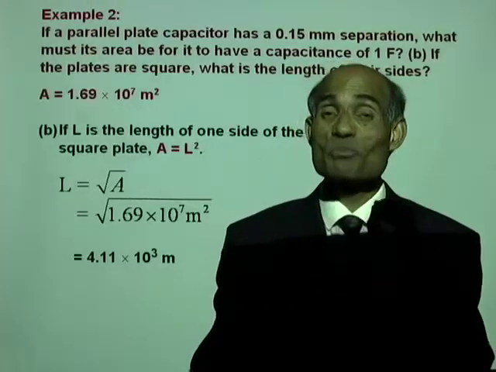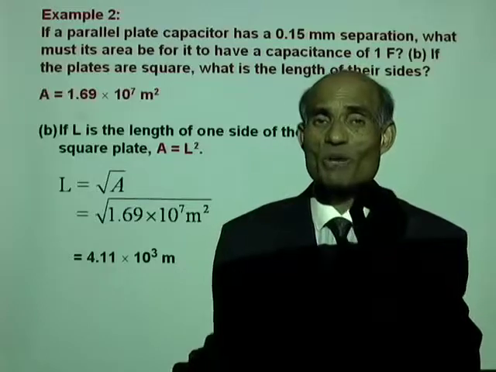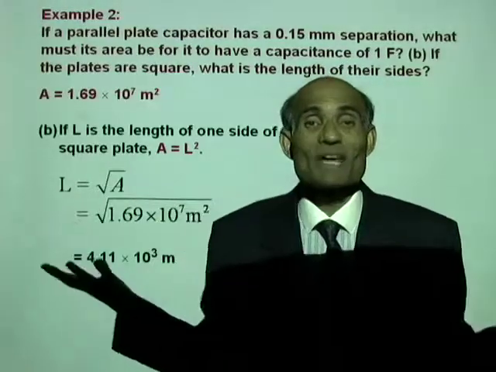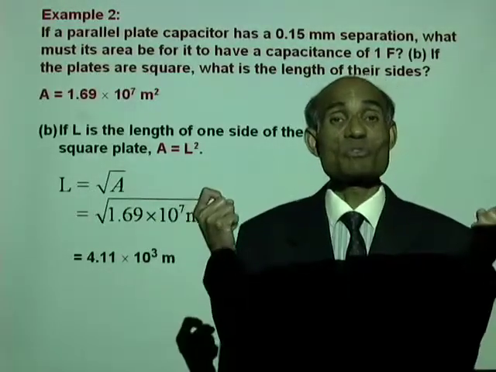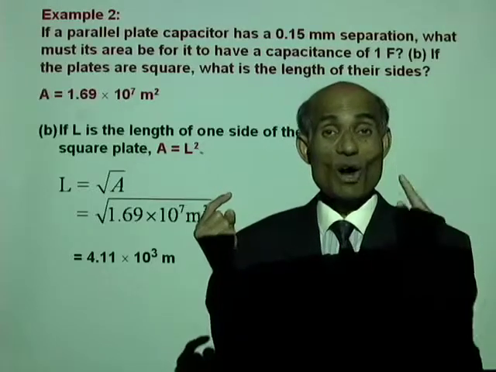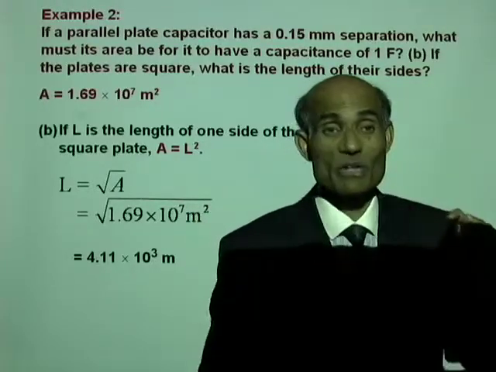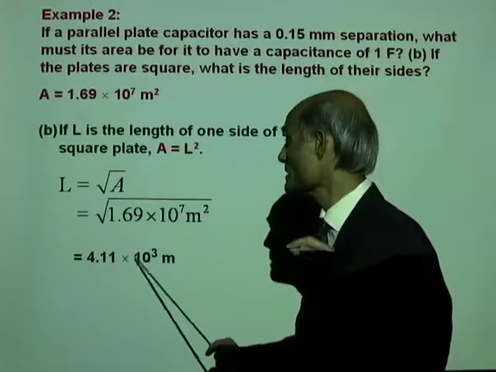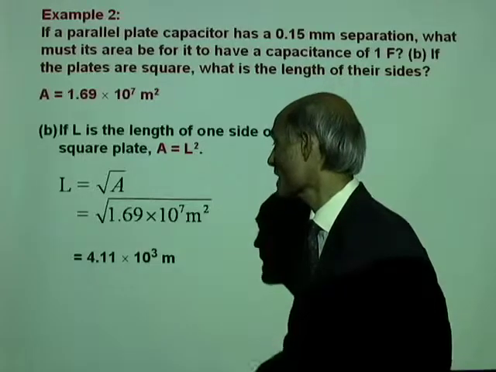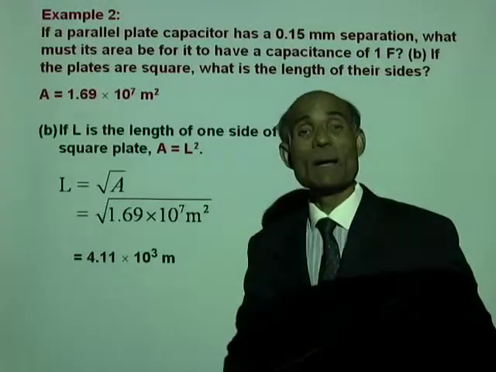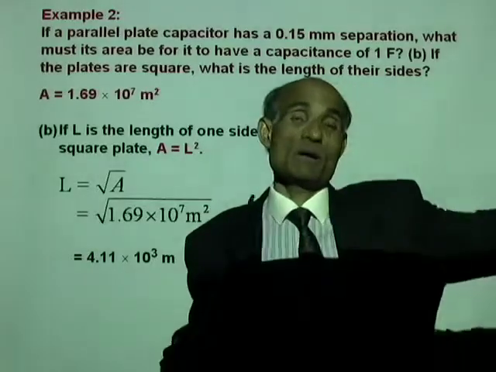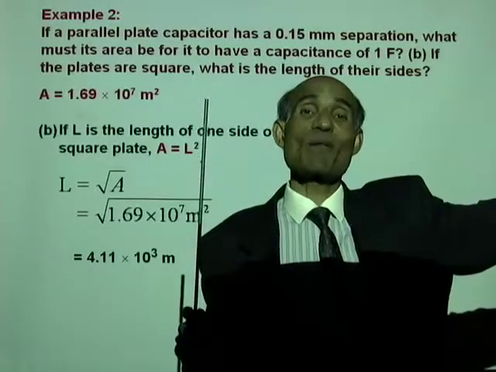Now, I included this problem just to impress upon you how big a plate is needed to produce a capacitor of capacitance 1 farad. Now, what is the length of that plate? 4.11 times 10 to the 3 meter is greater than 4 kilometers.